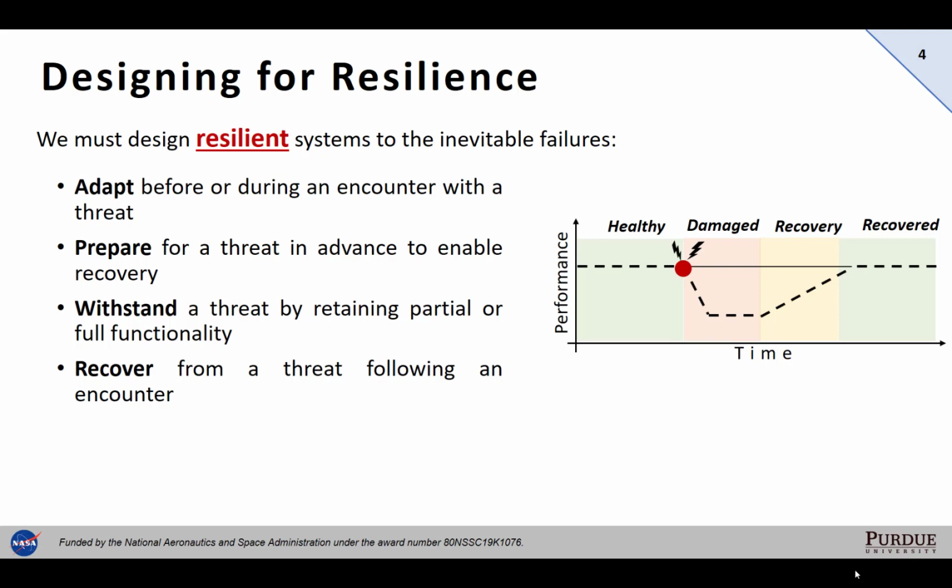Once a threat hits, our already designed for adversity systems are able to withstand the blow by returning partial or full functionality. And those 3 steps will allow the system to recover from a threat in a timely manner. All this is needed so that we can minimize the drop in our performance, and this is known as a resilience-driven design approach.